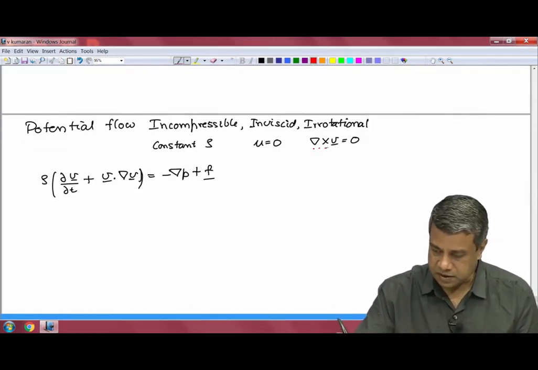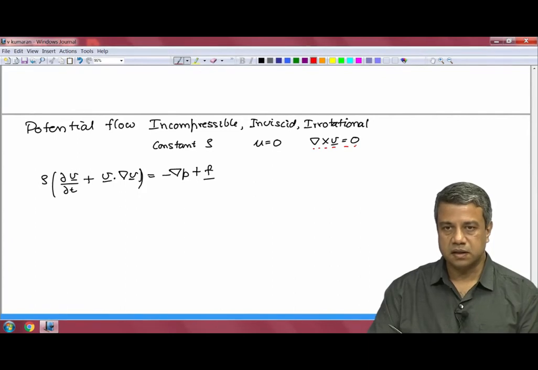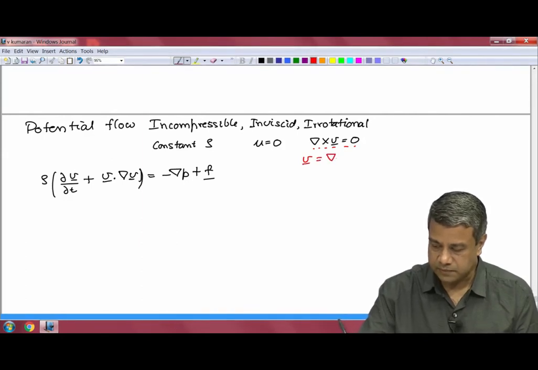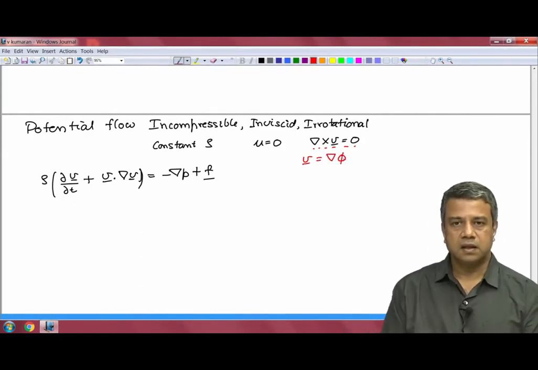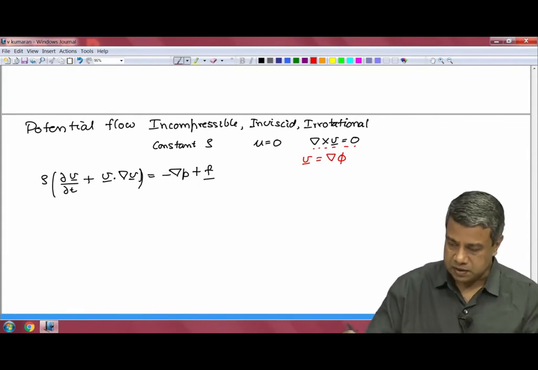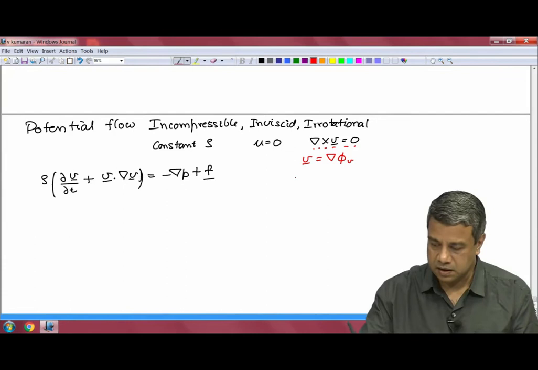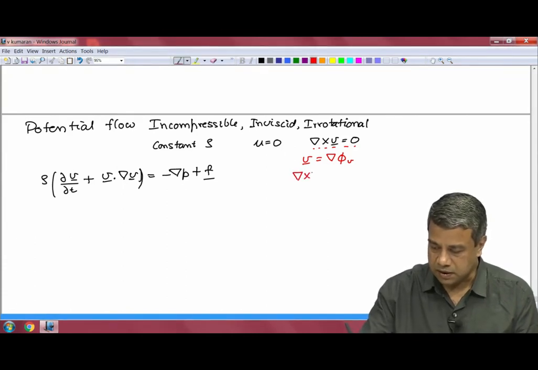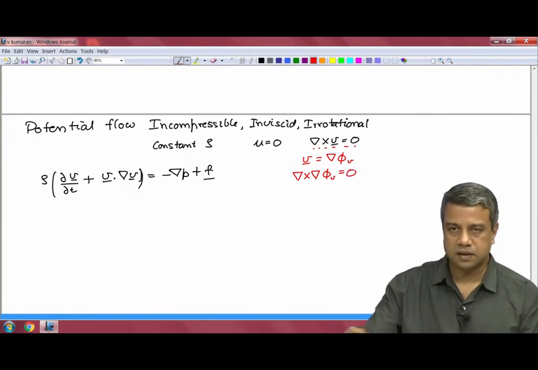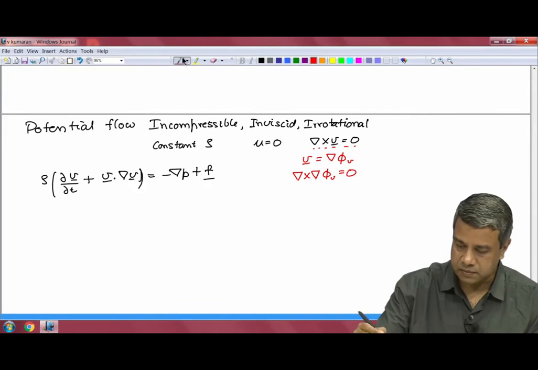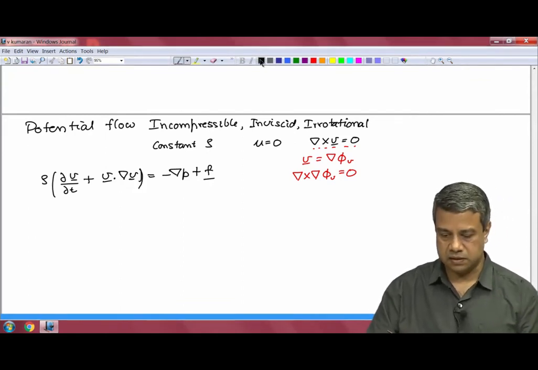If a velocity satisfies this irrotational condition, then this velocity can always be expressed as the gradient of a velocity potential, because there is an identity that the curl of the gradient of any scalar function has to be equal to 0. So, for an irrotational flow, you can express the velocity as the gradient of a velocity potential.